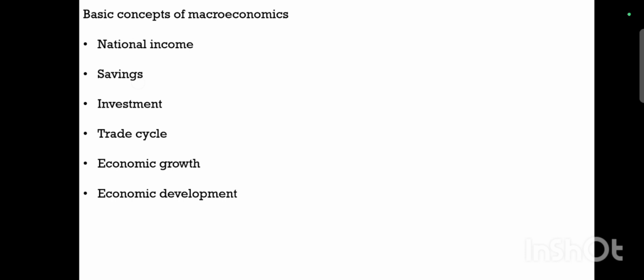So this definition is telling us that macroeconomics deals with aggregates, not only with individual income, but with the national income, not with the individual price levels, but with the general price level of the market as a whole, and not with the individual output, but with the national output.